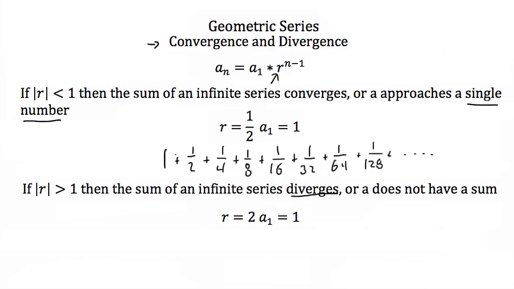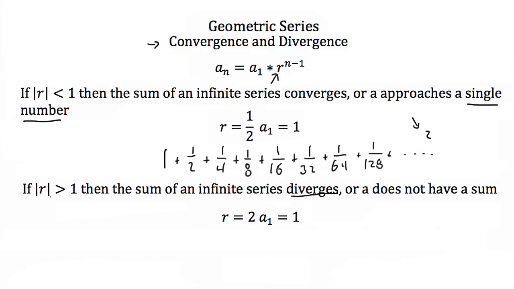Now I'm continually adding a smaller and smaller fraction, and I'm getting closer and closer to the value of 2. Now I'll never actually hit 2, but we can say as we continue to add smaller and smaller fractions, we're getting closer and closer and closer to 2. So we would say that this infinite series converges on the number 2.